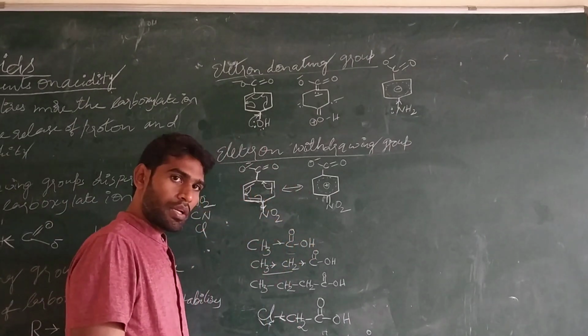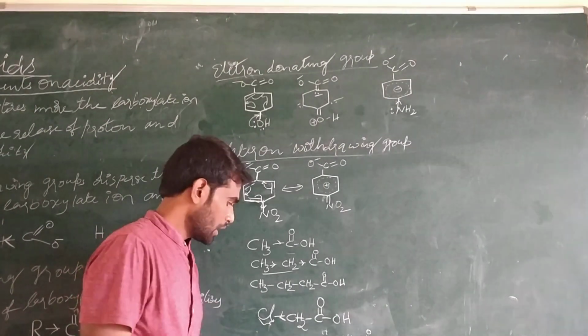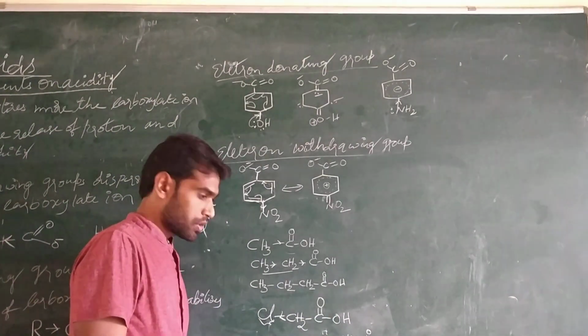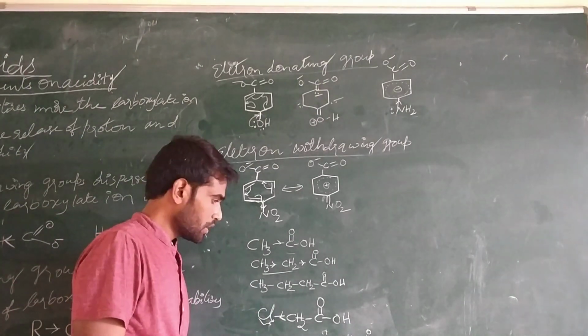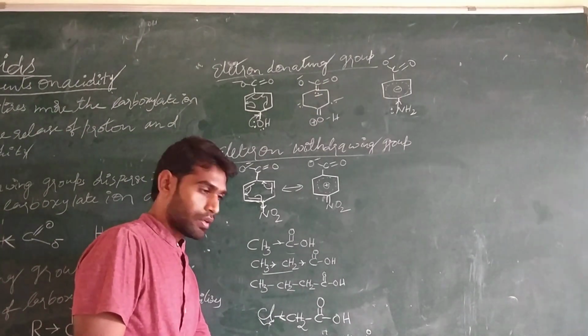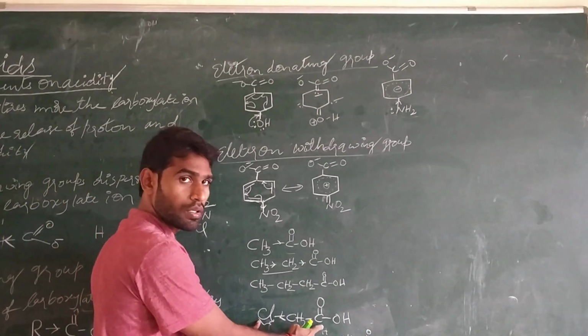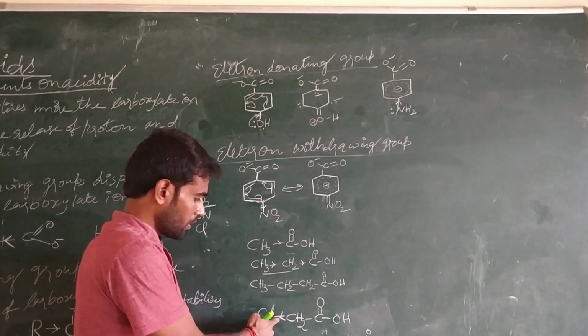If the electron withdrawing group is far from the carboxylic acid, the electron withdrawal effect of the electron withdrawing group is decreased, and the strength of acidity is also decreased. This chlorine atom is nearer to the carboxylic acid, and the electron withdrawal effect is more.